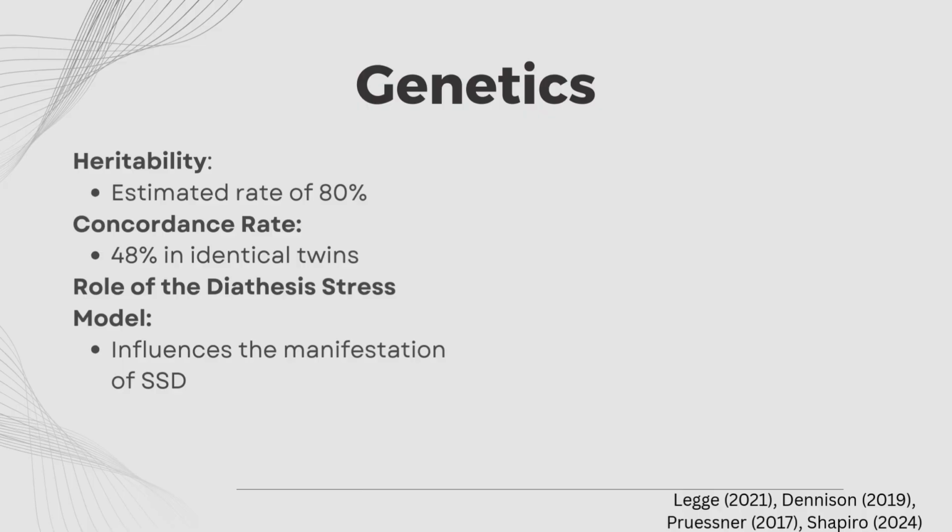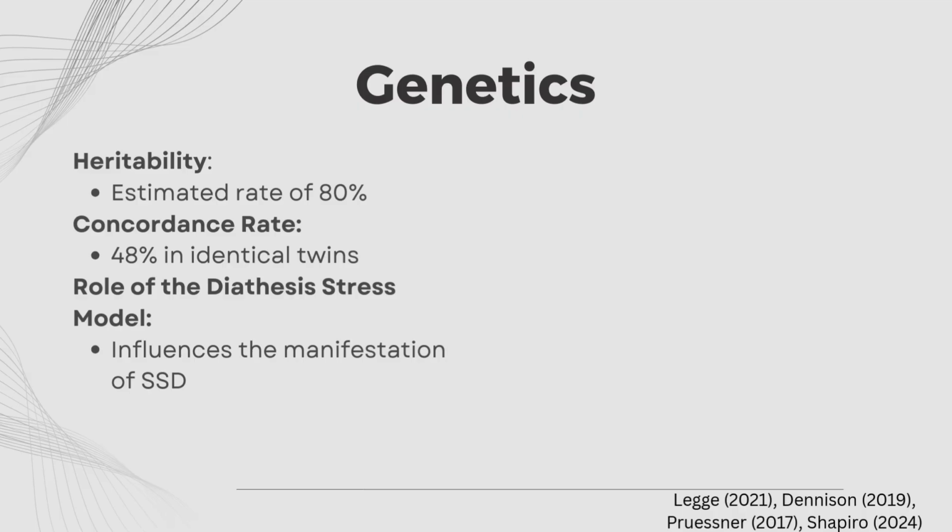There's no specific schizophrenia gene that can be expressed and then explain the presence of this disorder, but there are various factors that we've learned about that help us understand why this disorder happens. Firstly is heritability, the way that genetics can explain why we have a disorder, and that is 80%.